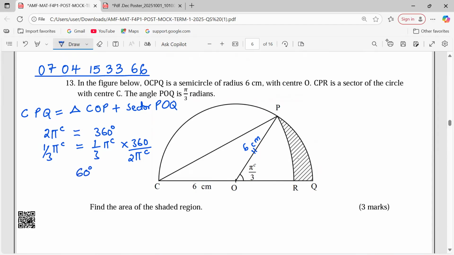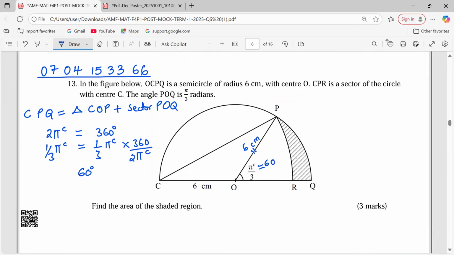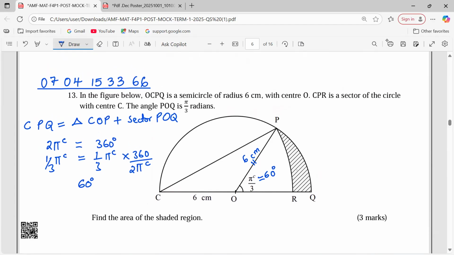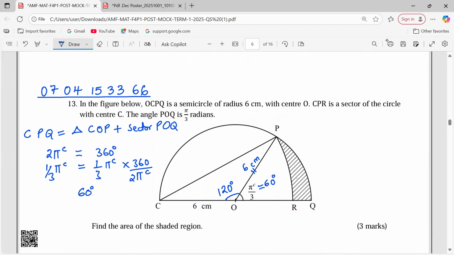So now with the angle converted to 60 degrees, let me talk about this other angle, because of the straight line it shall be 120 degrees. If that is 120, then we can find the area of the triangle, half a b sine theta.